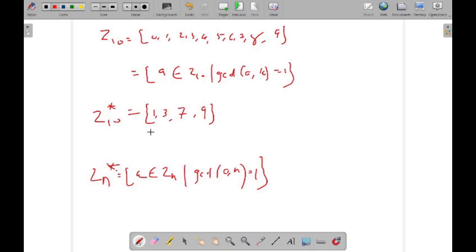Okay, let us check whether this set forms a group under multiplication modulo 10.